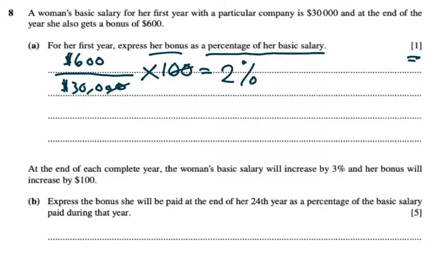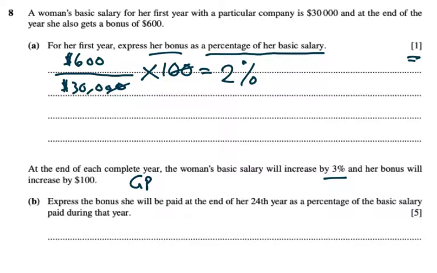Very straightforward. Next, at the end of each year the woman's basic salary will increase by 3%. Anything that increases every year by 3% or any number is not arithmetic, it is geometric progression, GP. Not AP, it is GP.